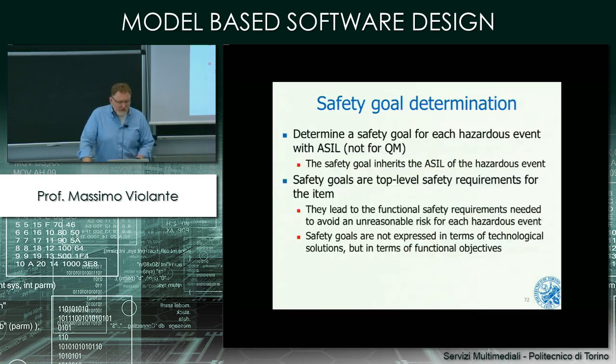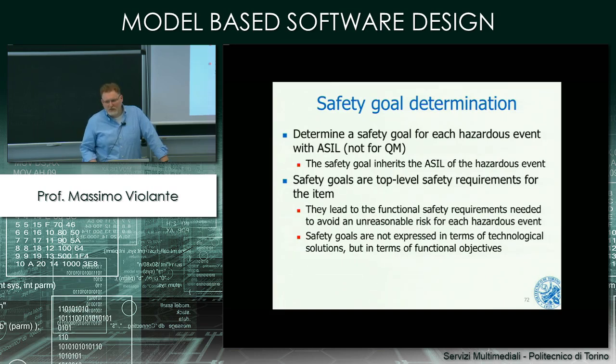Then, once you are done with the hazard analysis and risk assessment, it is time for defining the safety goal. For each combination of operational situation and hazard that is not QM, you have to specify a safety goal.